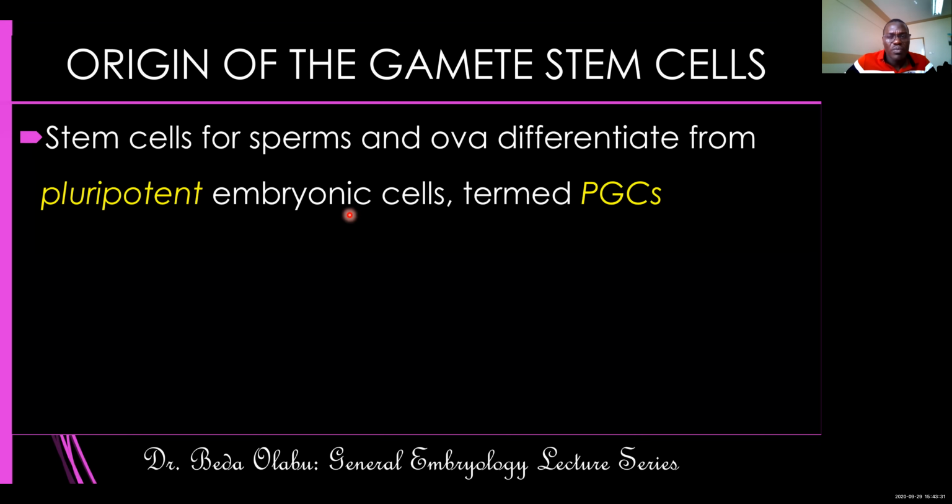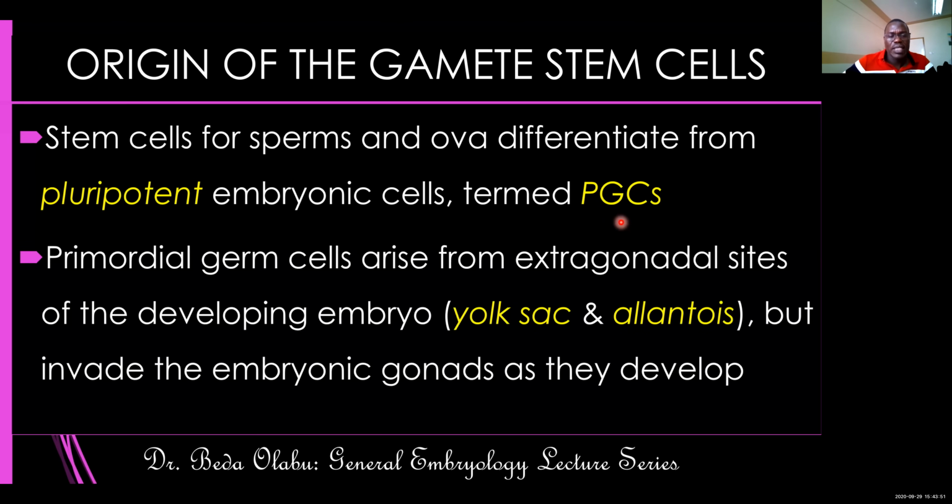Remember, I told you these things happen before you're born, actually way back before you're even a fetus, when you are an embryo. So there are some pluripotent embryonic cells, and those cells are called the primordial germ cells.